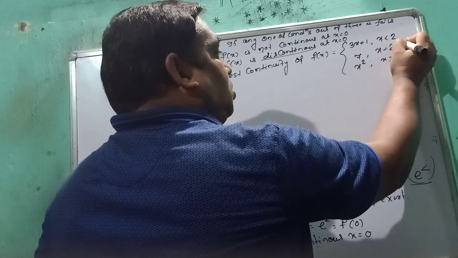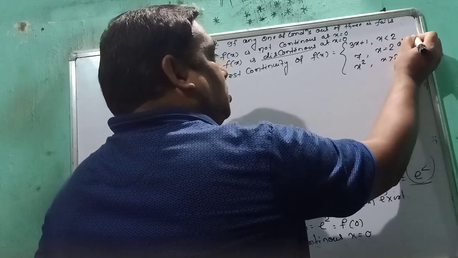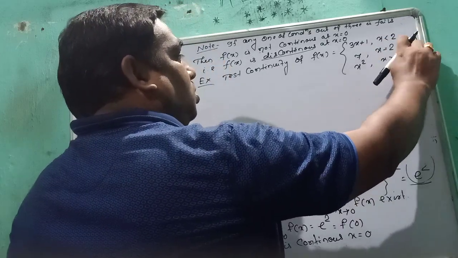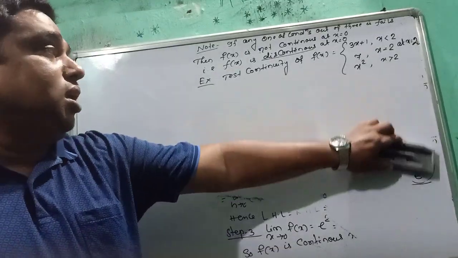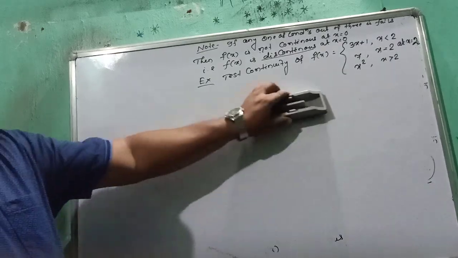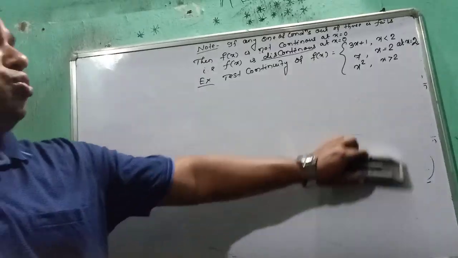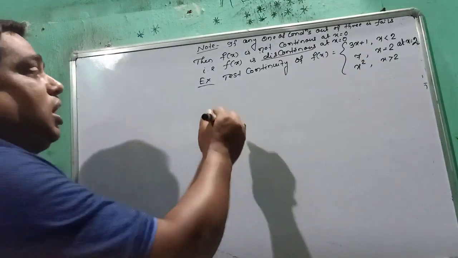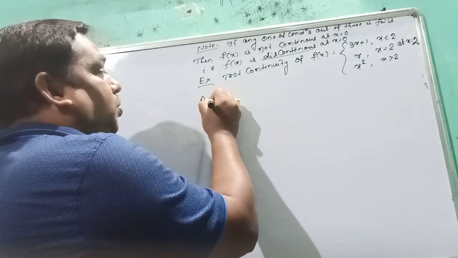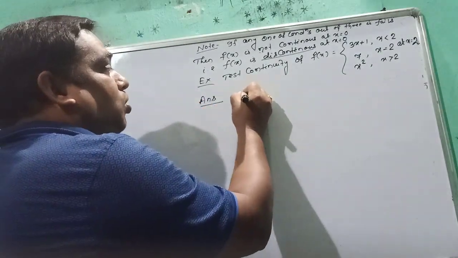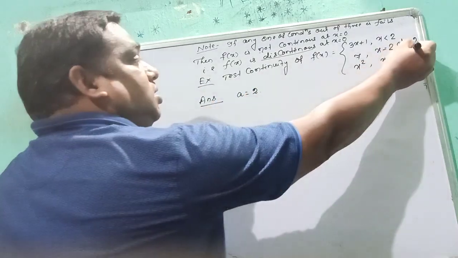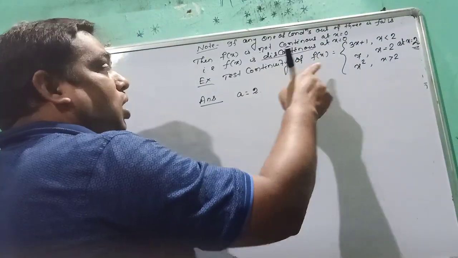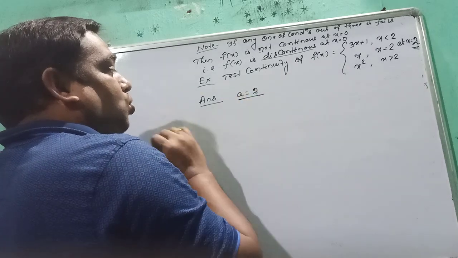We have to test the continuity at x equal to 2. So first, what is the value of a here? a is equal to 2, as x is equal to 2 here. So a is equal to 2.